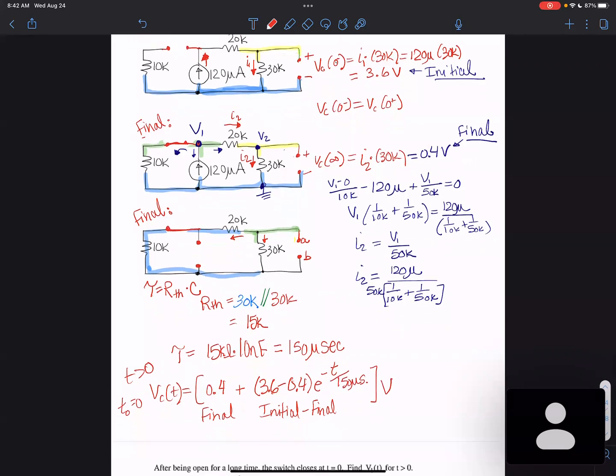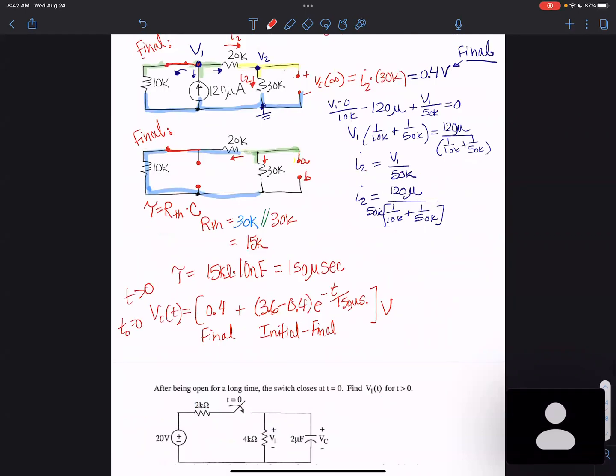So then I can simplify it slightly to 0.4 plus, oh wait, yeah, 3.2 e to the minus T over 150 micro.